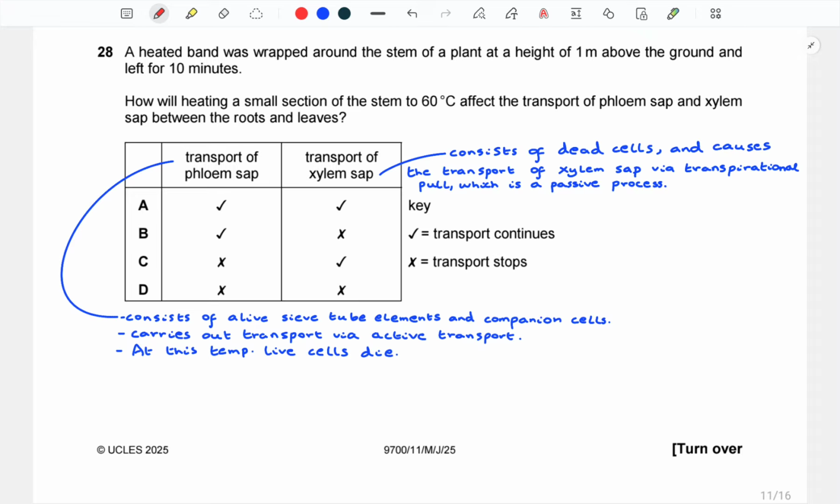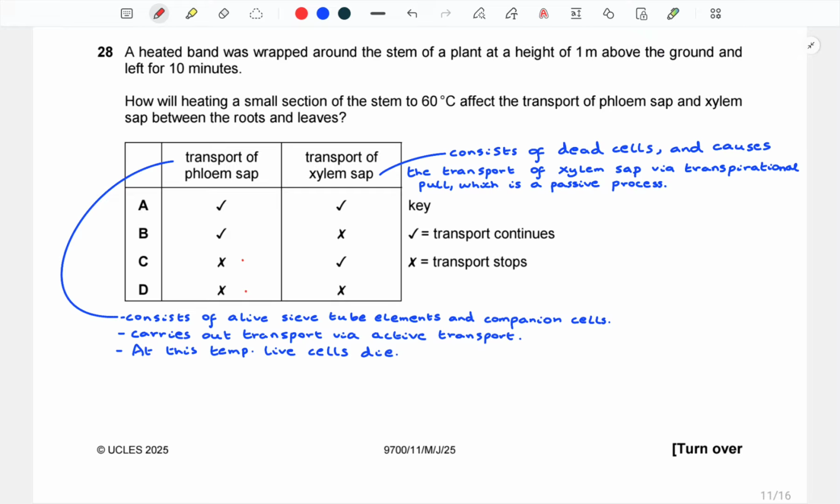Phloem translocation can happen in both directions, but the most important part of this analysis is that they contain alive cells, and at this high temperature of 60 degrees Celsius, these alive cells can die. So the transport of phloem sap will be affected, and it will stop. However, transport of xylem sap consists of dead cells.